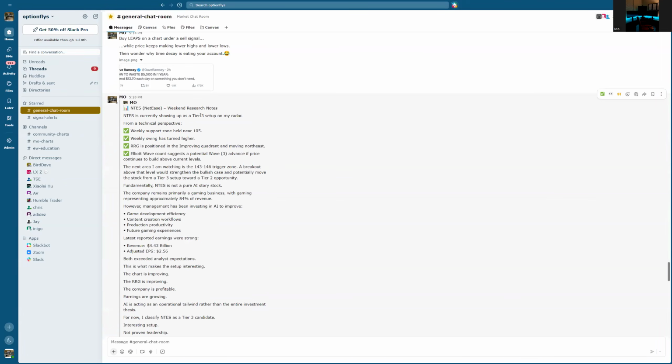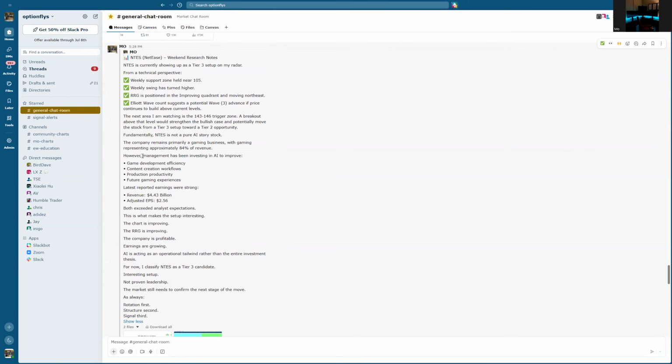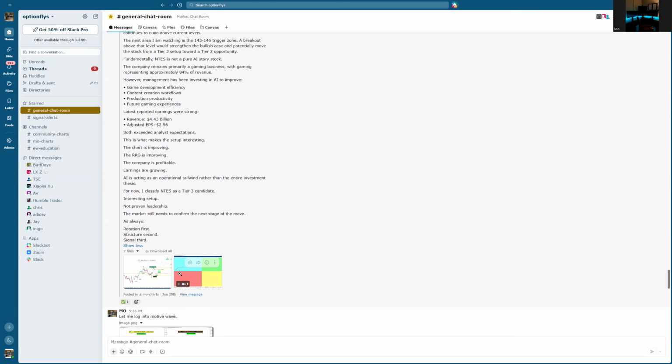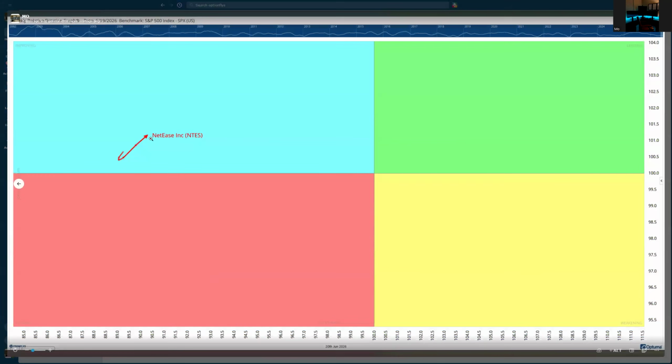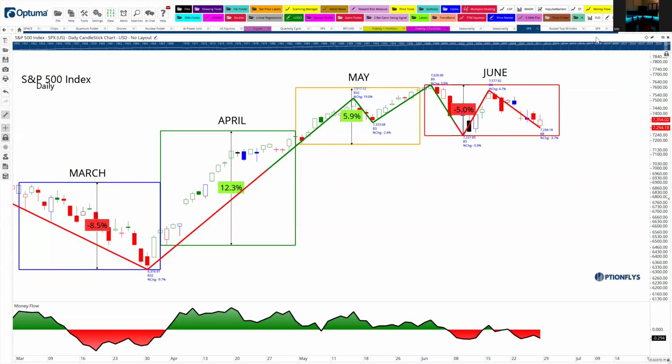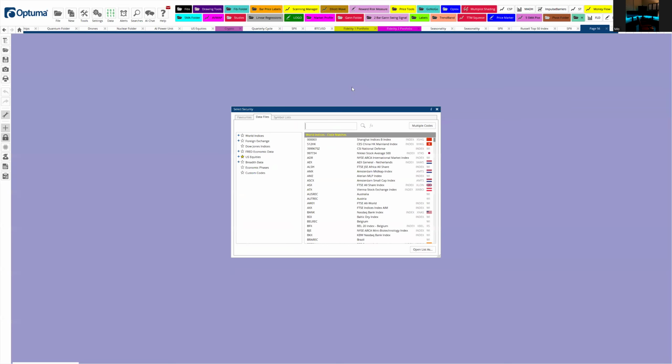This isn't a tier three, okay, but the weekly is good. RRG looks like it's in a tier three position right now. The wave count that I made with the earnings, I pulled it up, and it's right here. Now it kind of advanced a little bit, I think. Let me look up the new one.